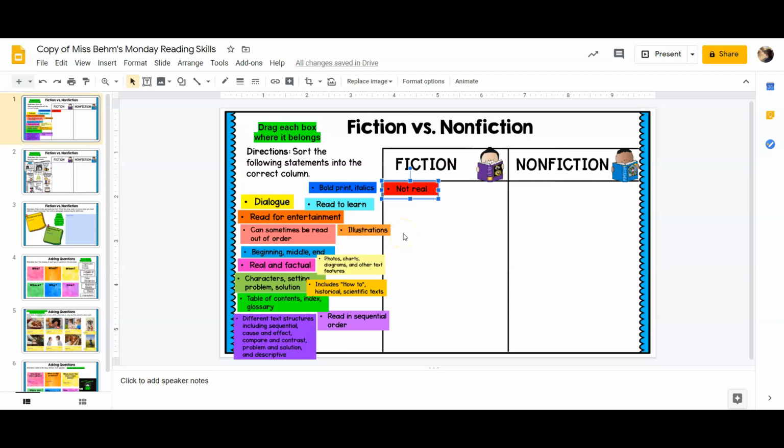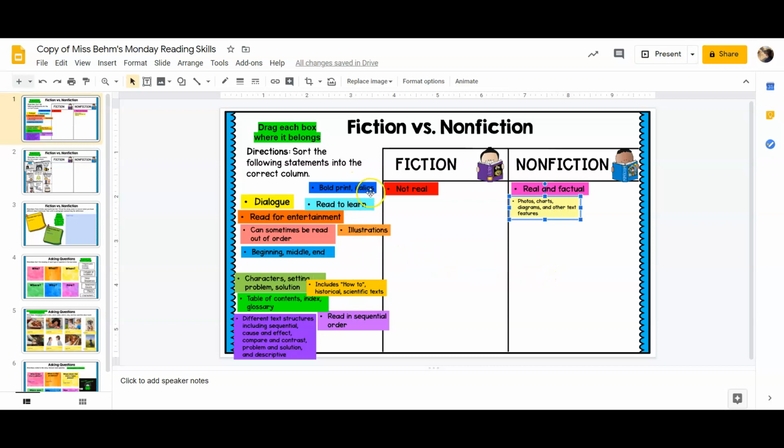When we're talking about nonfiction, we know that it is usually real and factual, right? The other thing that nonfiction has a lot of the times are photos, charts, diagrams, and other texts.